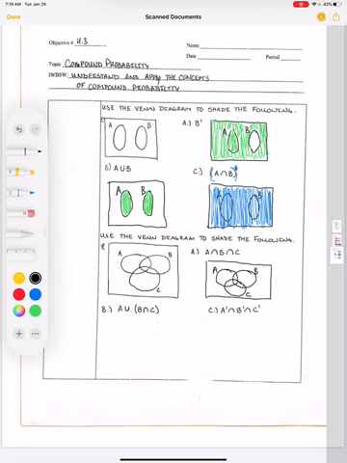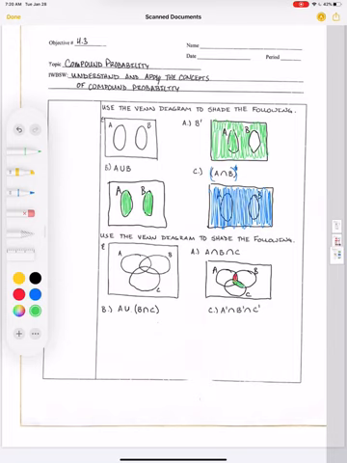So intersections. Again, intersections means the region that is both of those things. So let's look at this. We're going to start with, where does A intersect B? Okay, well, A intersects B here. Well, where does B intersect C? Oh, right there.